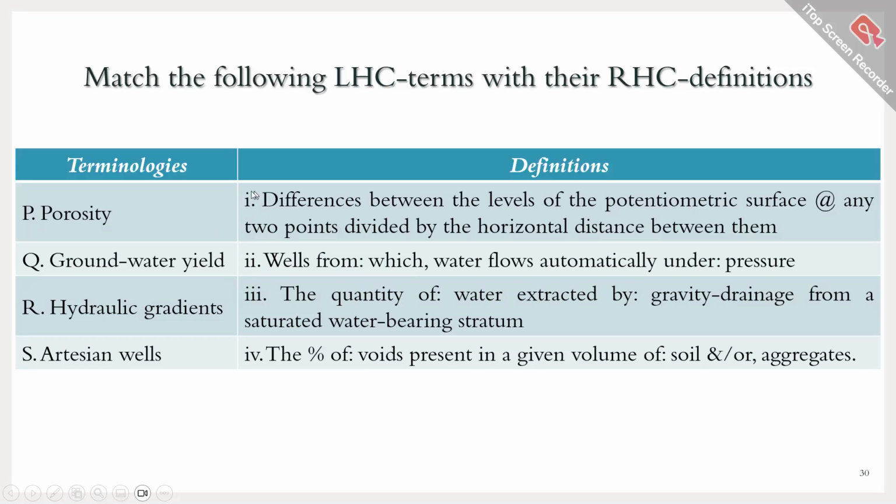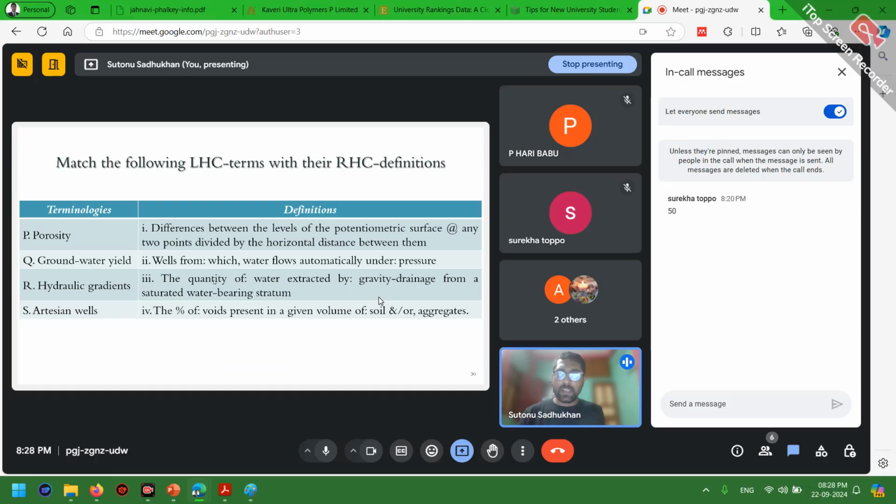It will start with 4 and end with 2. So only 1 or 3 are left for these two, Q and R. You have to identify these two and tell me the correct answer. Please type the correct order. You will start with 4 and end with 2. Only 1 and 3 you have to identify. Which one is correct?